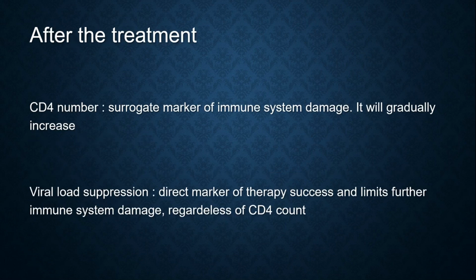After treatment, the CD4 numbers, the surrogate marker of immune system damage, will gradually increase. Viral load suppression will happen, and this is the direct marker of therapy success and limits further immune system damage, regardless of CD4 count. So these two are individual things.